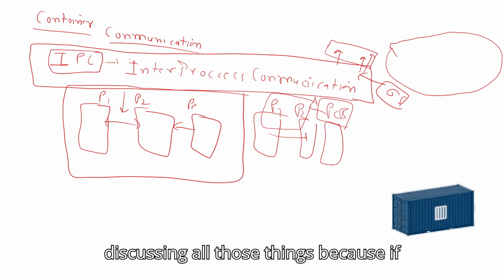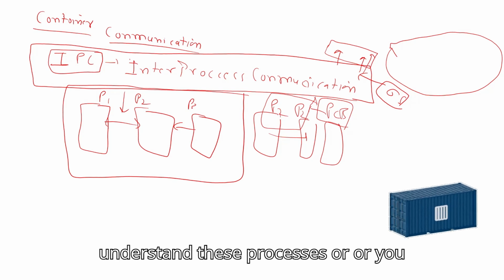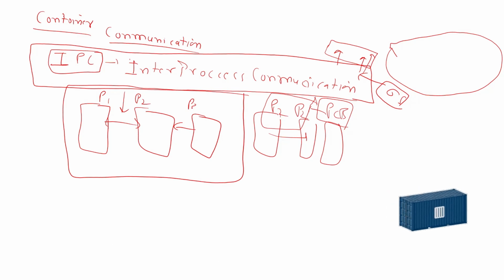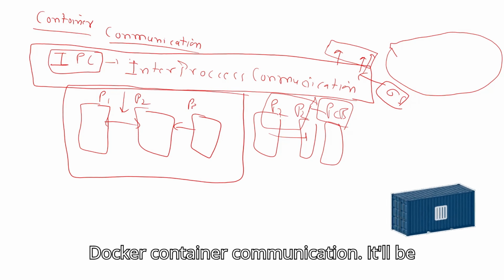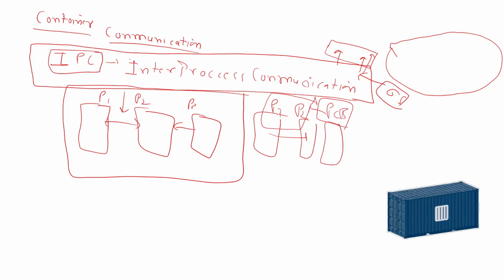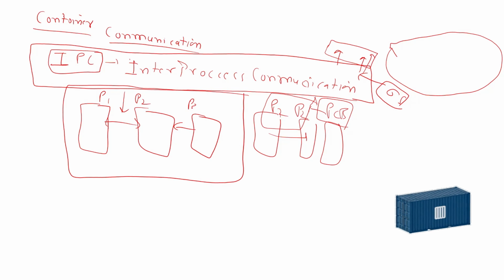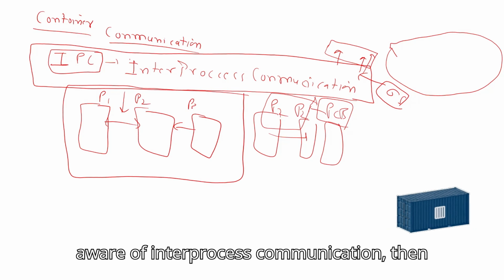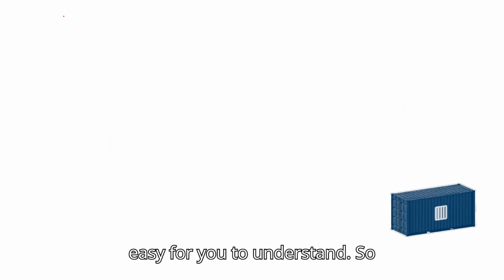Why am I discussing all this? Because if you first understand these processes, or do some research on inter-process communication, and then come to Docker container communication, it will be very easy for you to understand. That's why I'm giving these illustrations.